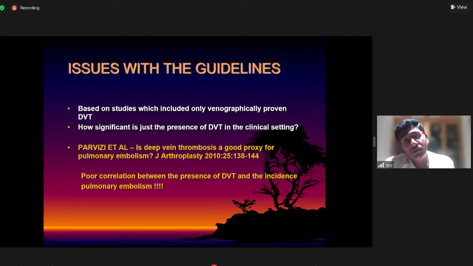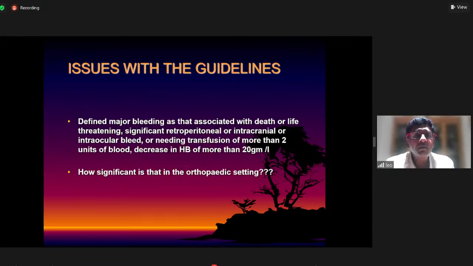As we just discussed in some of the older slides, some patients have up to 60% asymptomatic DVT. Do we need to worry about that? Now, given these issues, Parvisi looked into them in 2010, and what he suggested was that there is an extremely poor correlation between the presence of DVT and the incidence of pulmonary embolism. And what we as orthopods are worried about is more pulmonary embolism rather than DVT.